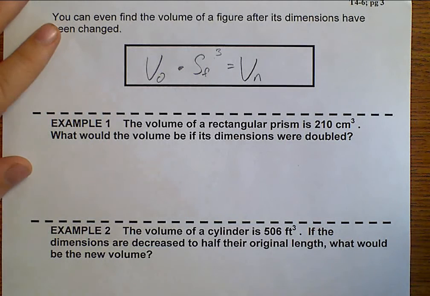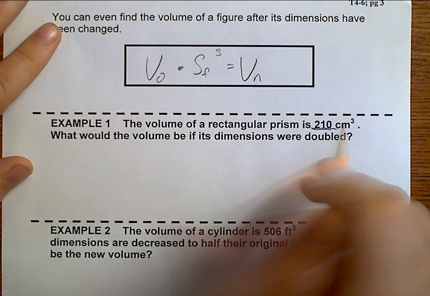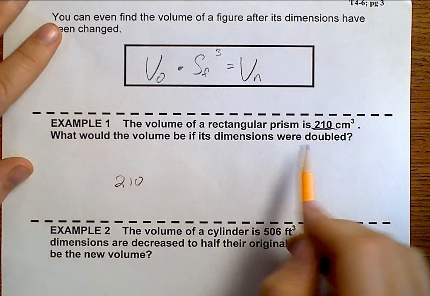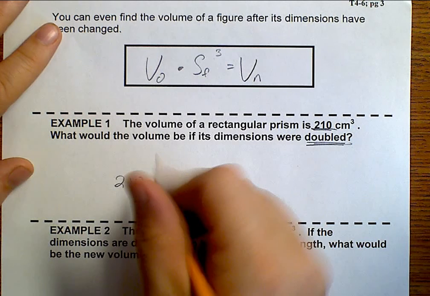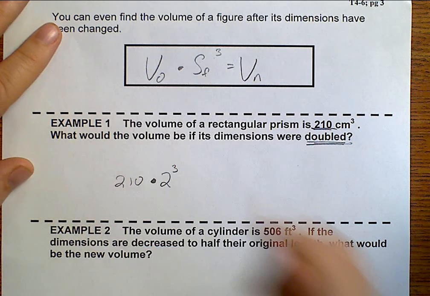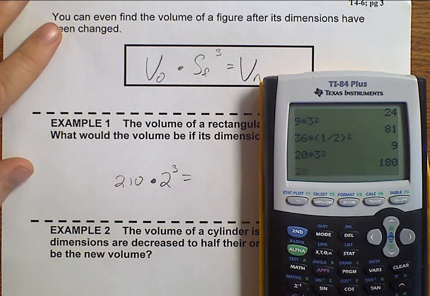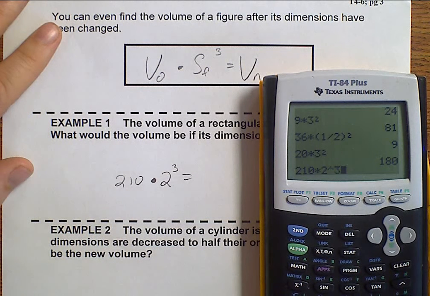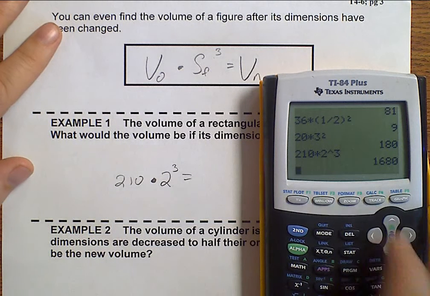So if we start off at 210 and we double our dimensions, that means we're going to multiply by 2 cubed. So 210 times 2 to the third gives us 1680.